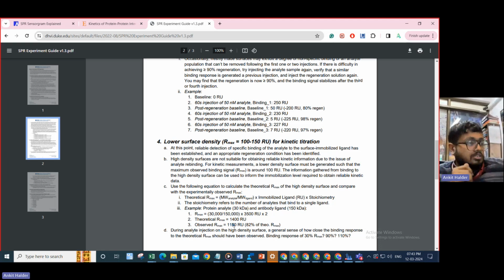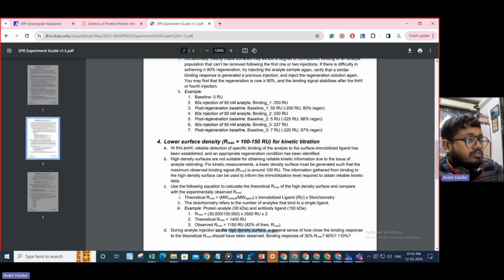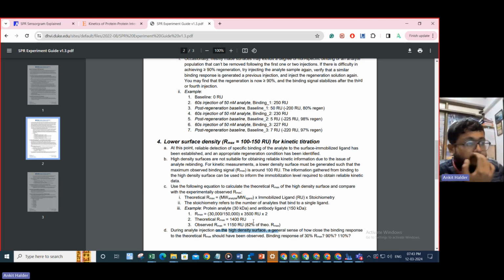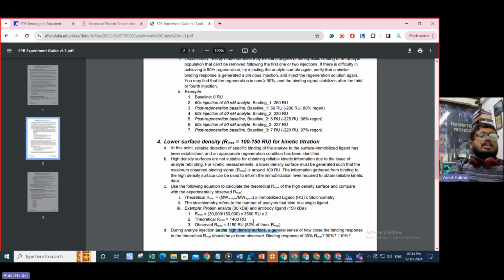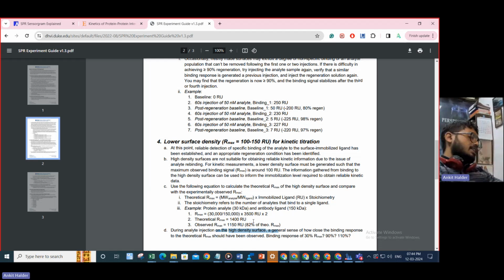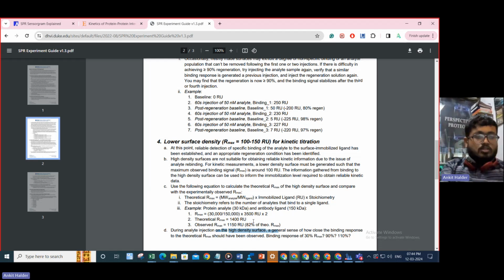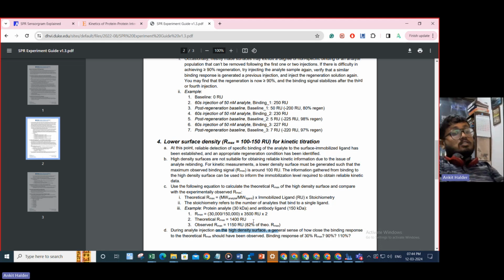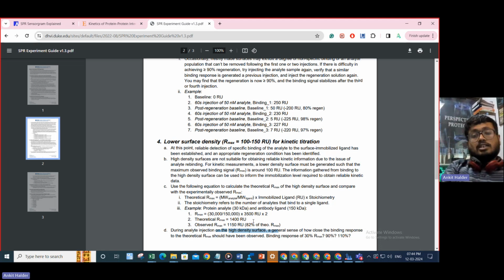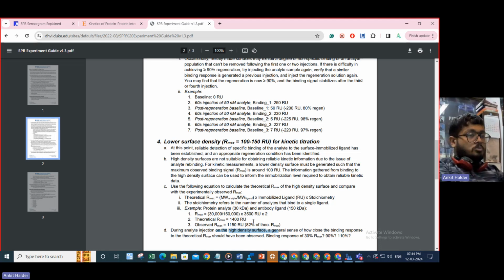So that is 82%. During analyte injection, a question may be asked to you like this: a binding response is observed for a protein analyte of 30 kilodalton and an antibody ligand of 150 kilodalton to be 1150 RU. This is a question.